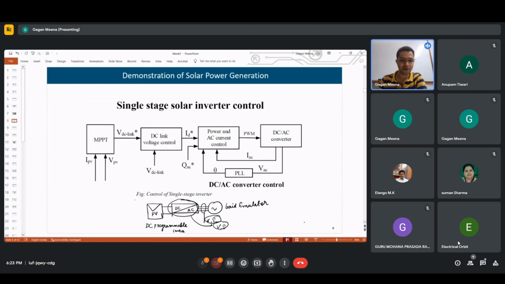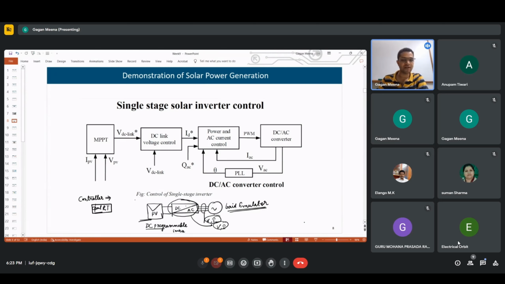So the grid is mimicked using a grid emulator, the source using a programmable DC source, and the control logic is developed inside the OpenRT hardware.